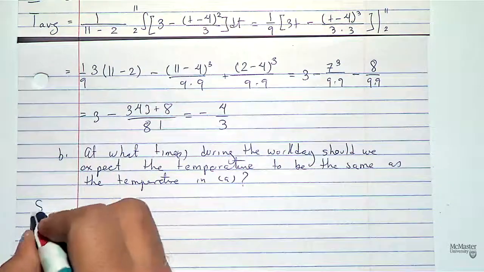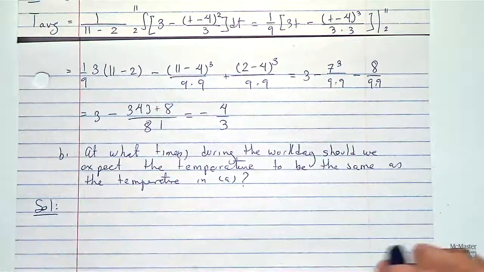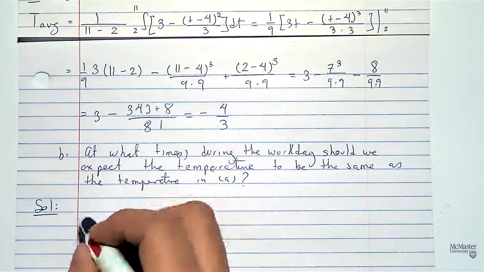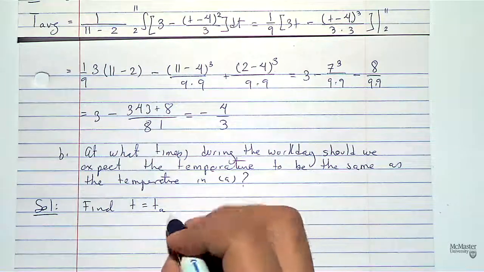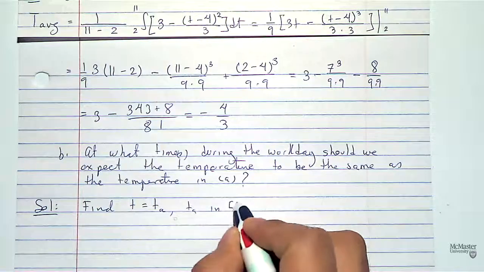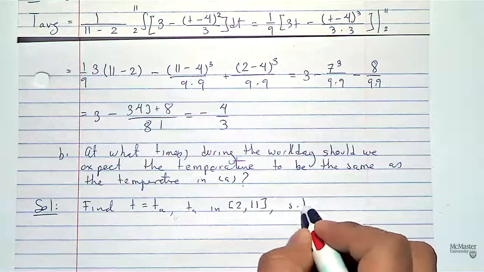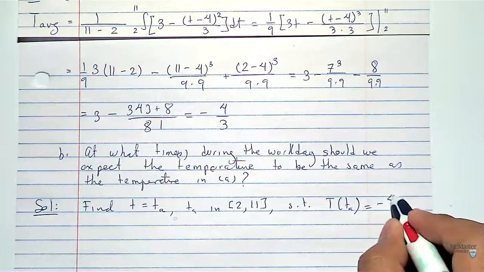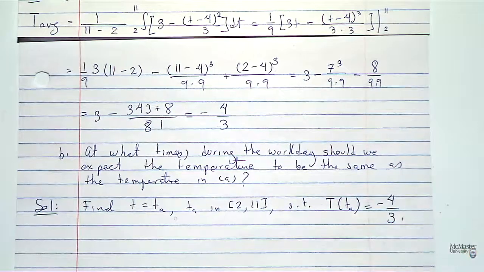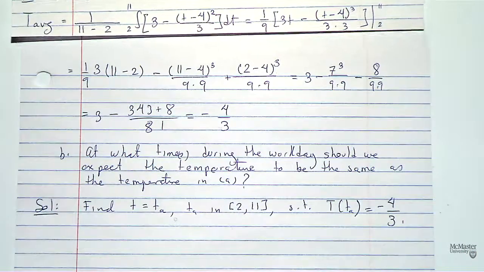So in terms of B, you have to find a time which we're going to denote TA in the interval from 2 to 11, such that the temperature evaluated at that time is precisely the average value, which was minus 4/3. Okay? So this is just solving an equation.